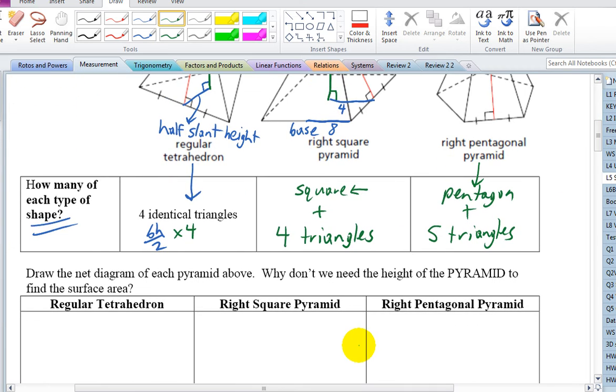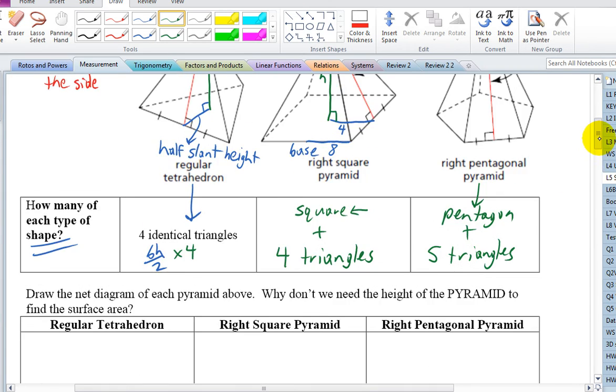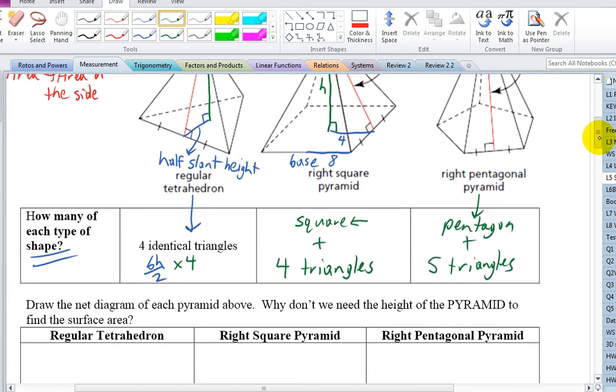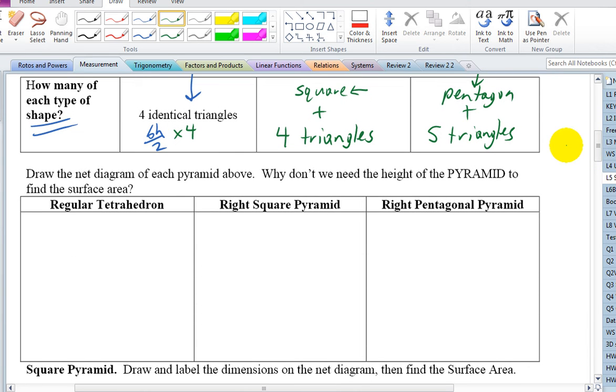Good. So we're going to just quickly draw the net diagram of those 4. Go for it. Draw the net diagram. So there's the regular tetrahedron, done.